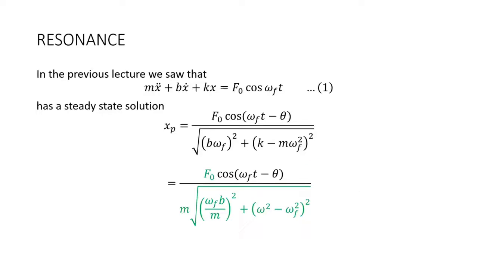In the long term there will be oscillations, with the same frequency as that of the external force, which makes sense when you think about it. And the amplitude of those oscillations will be given by this green term, and it clearly depends on the frequency of the external force.